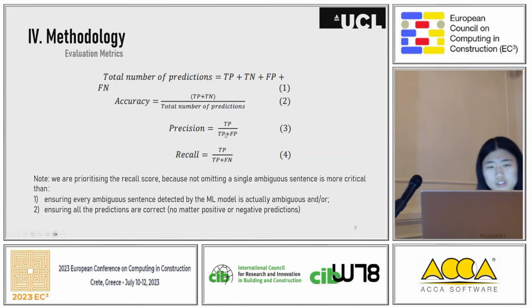And here are just the formulas for calculating this. And just a note here that although we had 3 metrics, we are really prioritizing the recall score because not omitting a single ambiguous sentence is more critical than ensuring every ambiguous sentence detected is actually ambiguous, and it's also more important than ensuring all the predictions are correct.